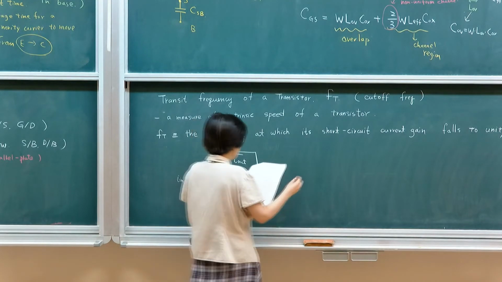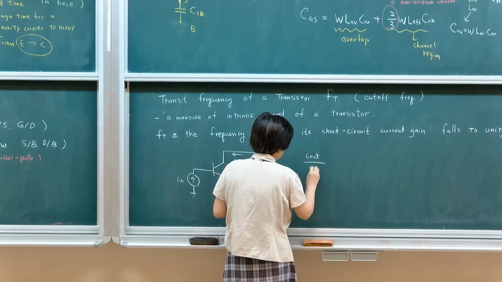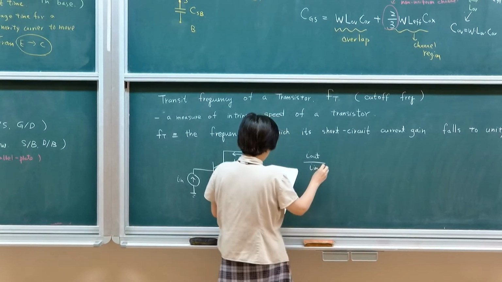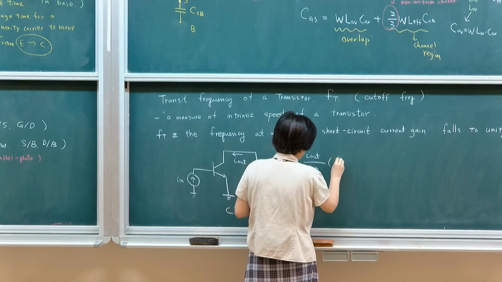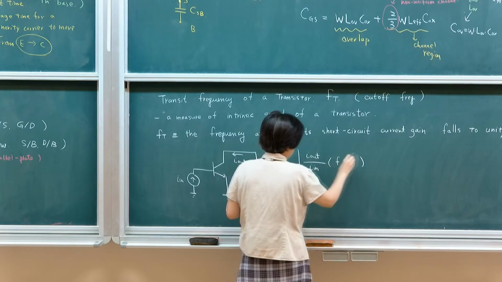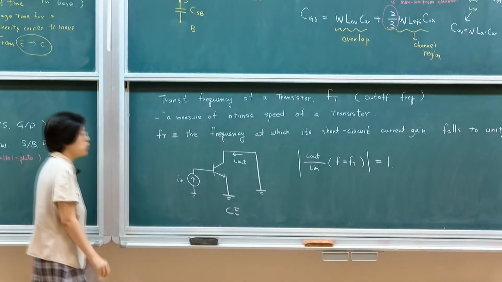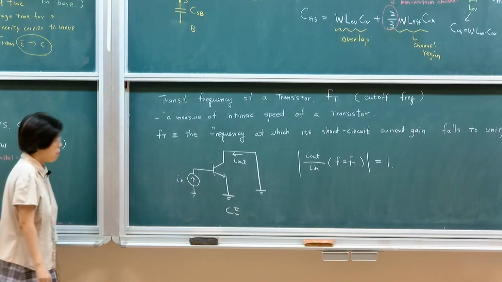So the definition of FT is I out as a function of frequency versus I in as a function of frequency, when f equals FT. It equals 1. When does it fall to 1? Okay?